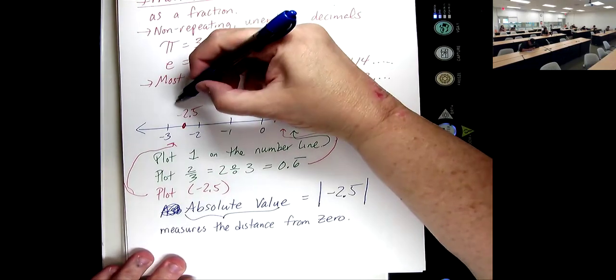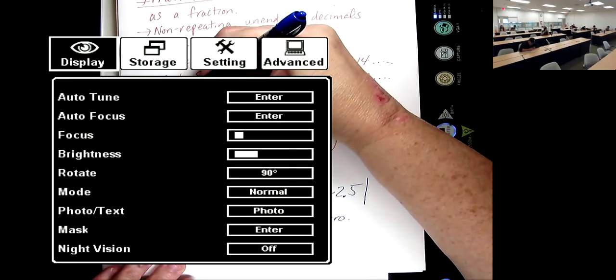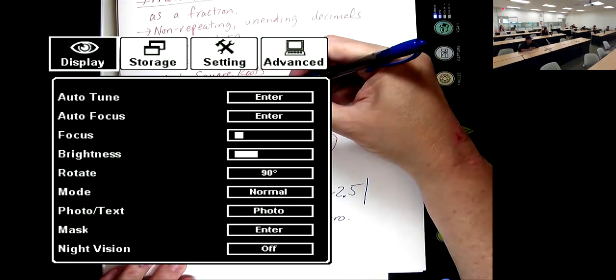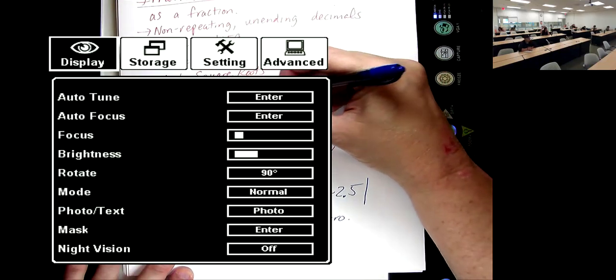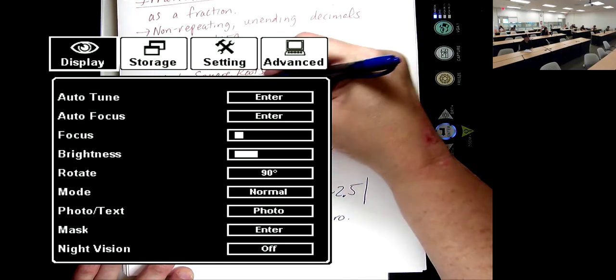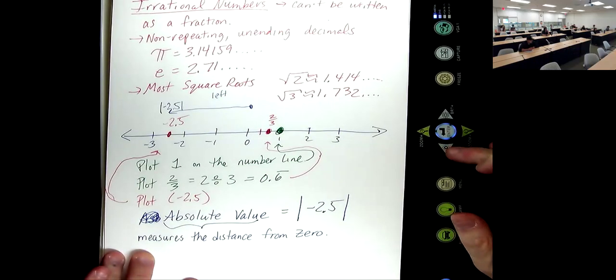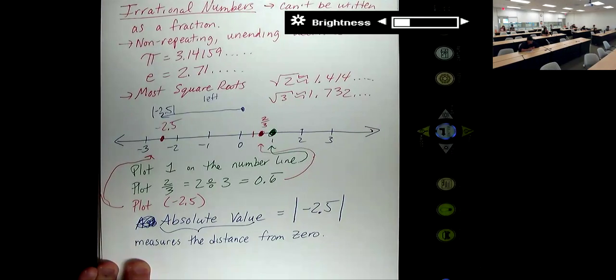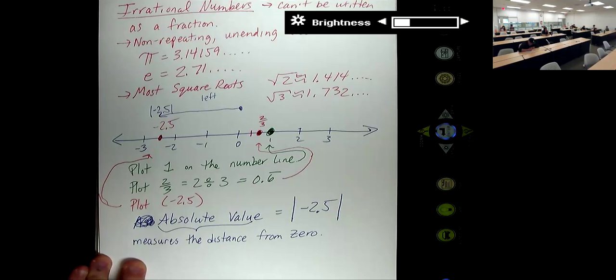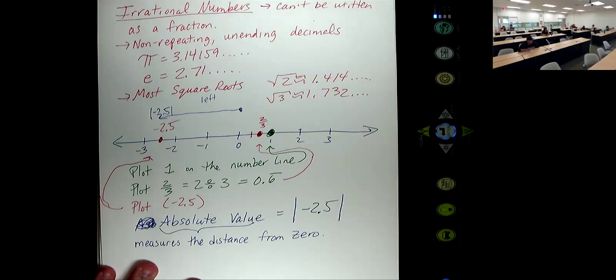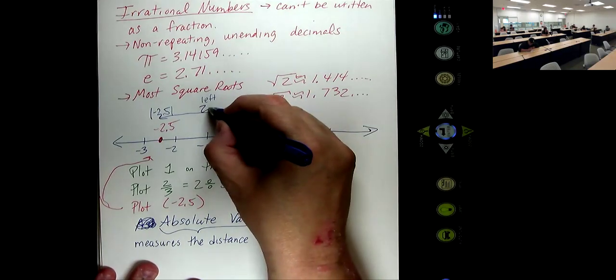So if I do the absolute value of -2.5, starting at 0, I go left 2.5 steps.